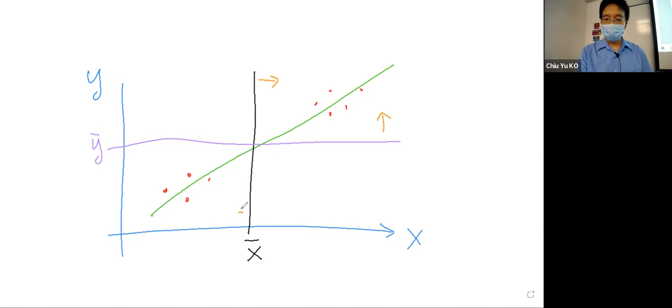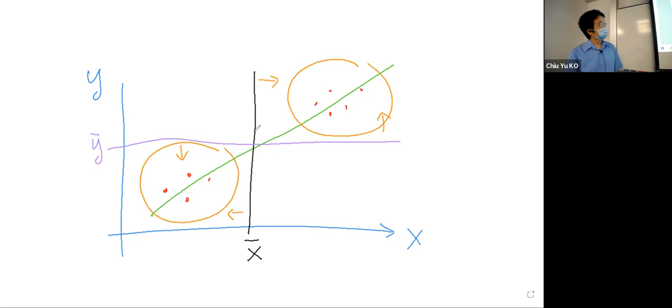And observations below x bar are also below y bar, right? So look at the data. If all the data are within this orange area, right? We'll call they are positively related, right? So that's why in calculation all the data here get you a positive number, right?